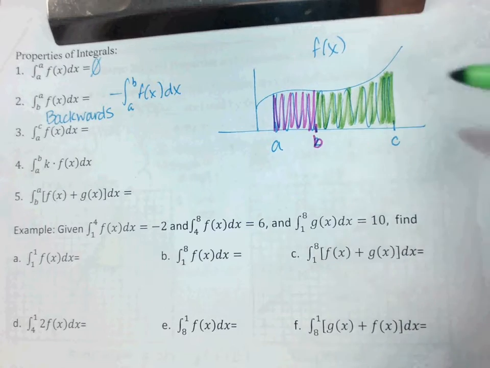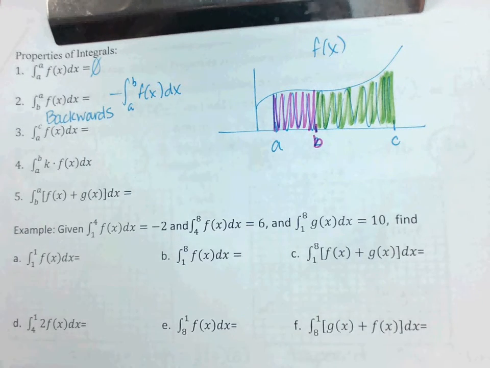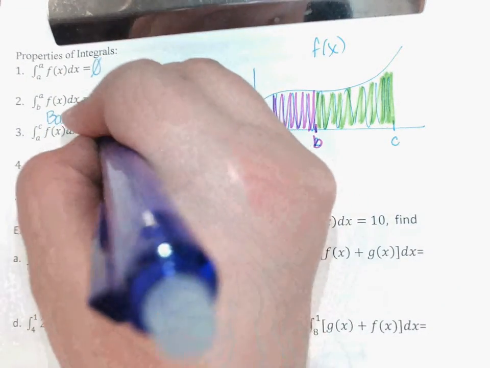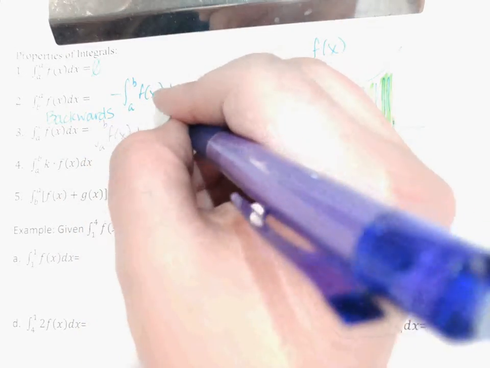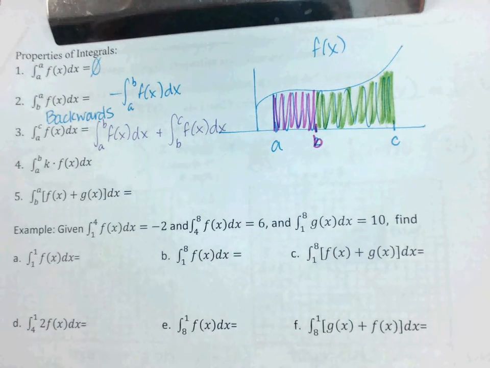Would that add up to the same thing? So the third rule is that you can break any integral up as long as you start and stop at the same point. So if I integrate A to B and then I stop, but then I keep integrating from B to C, that's the same as just going A to C.